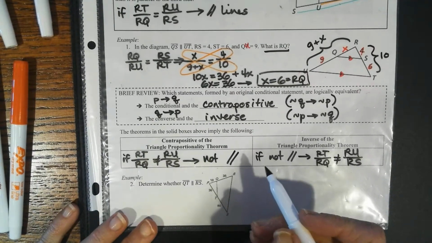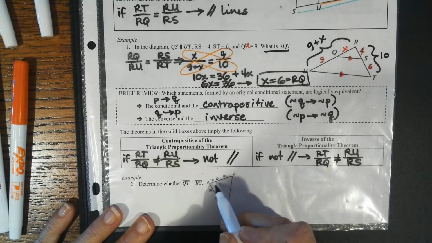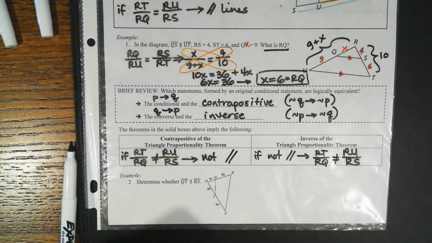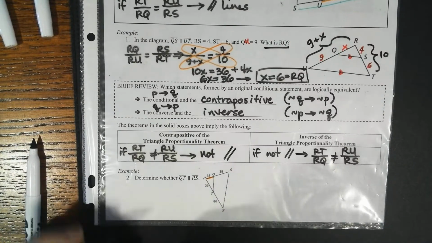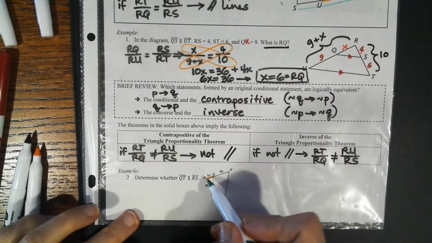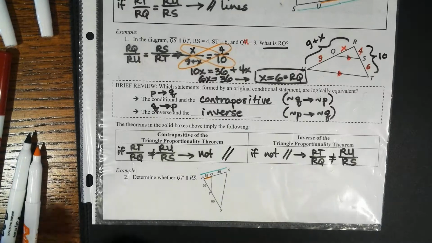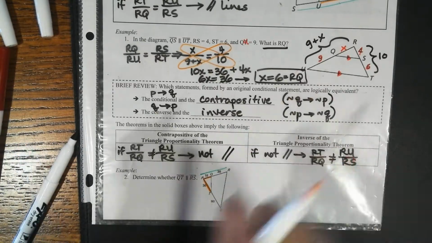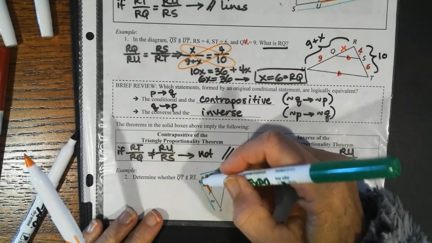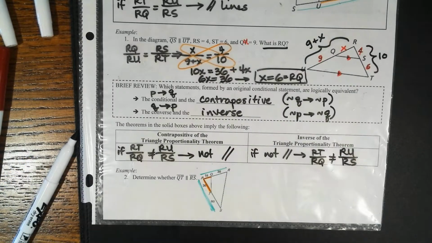So in this case, the way it's going to be is, let me do this highlighting again just to make sure. PQ over PR is going to equal PT over PS.